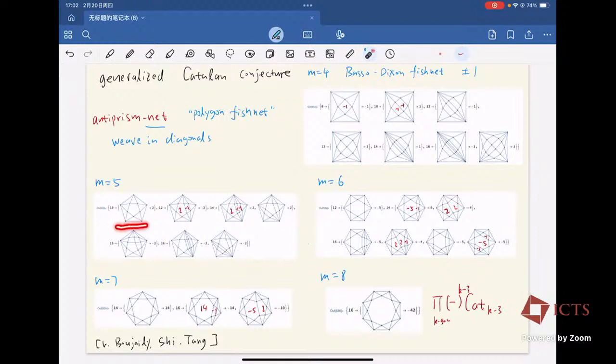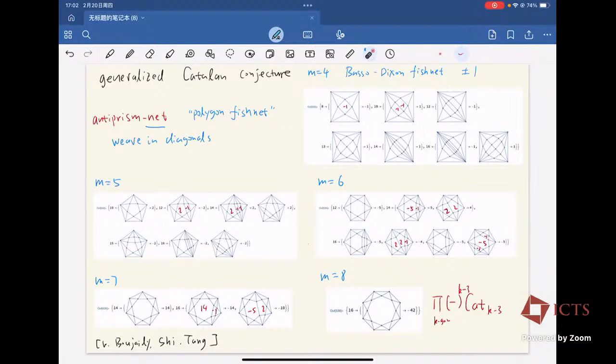If you have a pentagon type of antiprism and start to weave in things, you start to see some fishnet within the pentagon antiprism, and hexagon and the heptagon and so on. These are all what we call antiprism net or polygon fishnet, up to 16 points that we computed. So look at their coefficients. Their coefficients certainly exhibit a generalized Catalan conjecture.